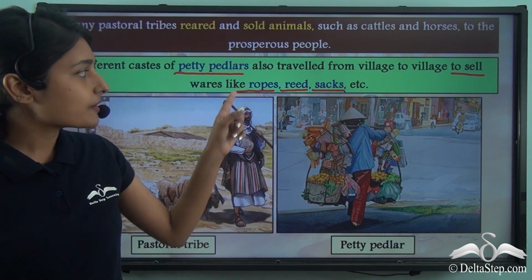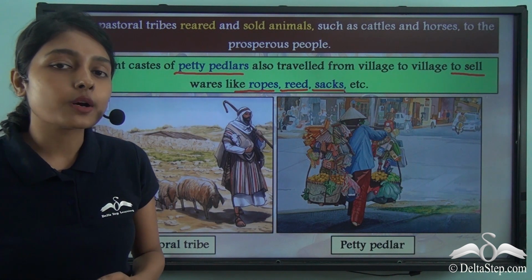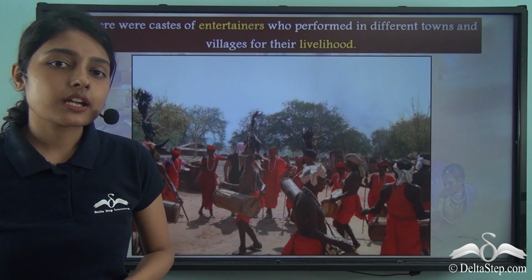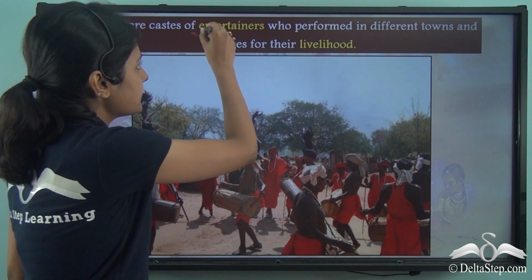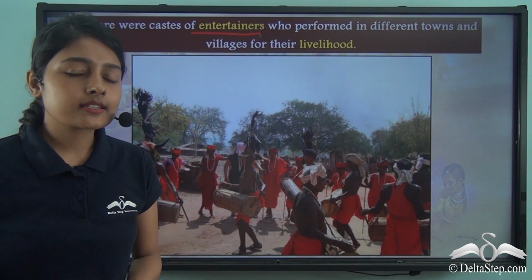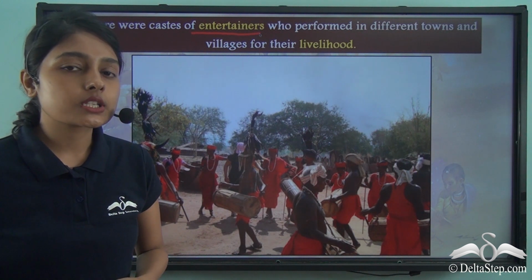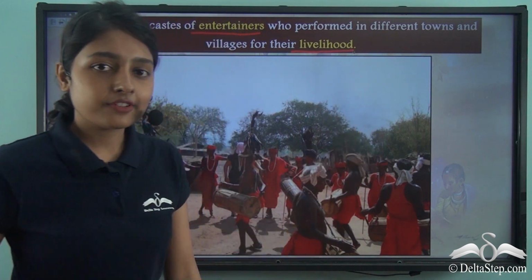So these were some of the things that were sold by the petty peddlers who used to move from village to village. In this regard, mention must also be made of the various castes of entertainers, and these entertainers used to perform in different towns and villages, and this was also done in order to earn for themselves their livelihood.